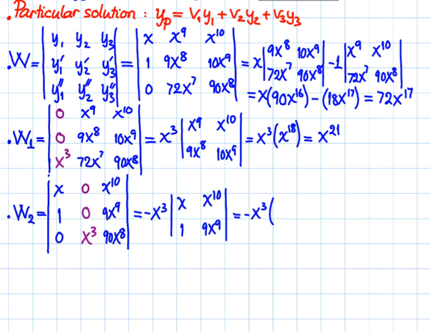Sorry, I don't know why I put the 9 here. This should be a 10. So we have 10x to the 9. All right, so inside, 10x to the 10 minus x to the 10 will give us 9x to the 10 power. And so we have negative 9x to the 13 power.